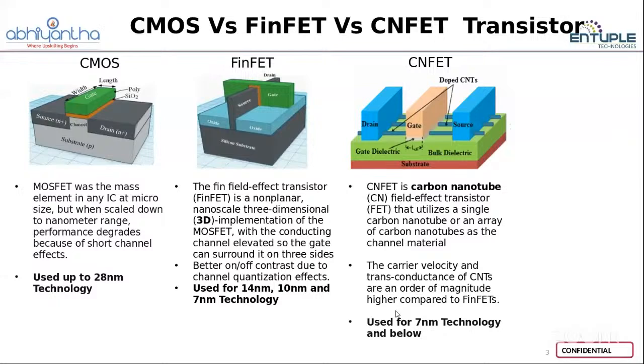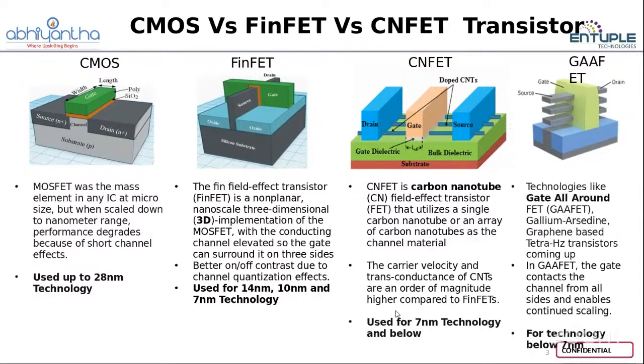Right now, 7 nanometer products are also coming. If you go beyond 7 nanometer, even FinFET and CNFET cannot withstand with high reliability. So industries are now moving to a new device called the GAAFET. The GAAFET gives you multiple gates, multiple sources and multiple drains.